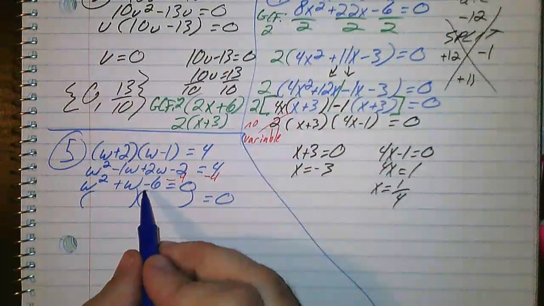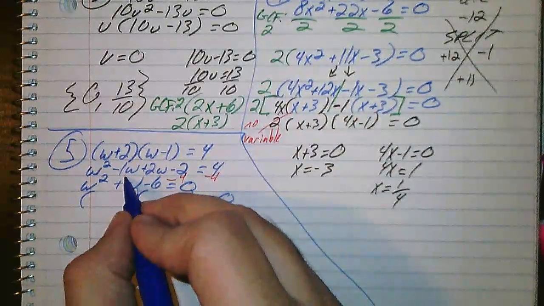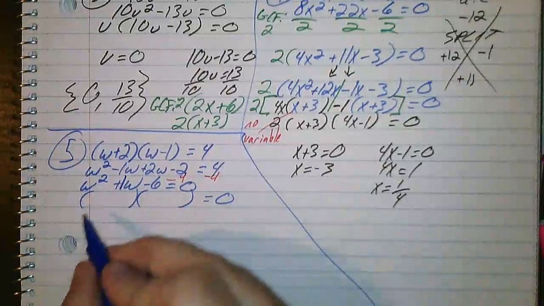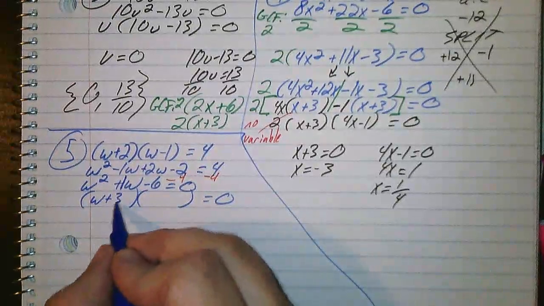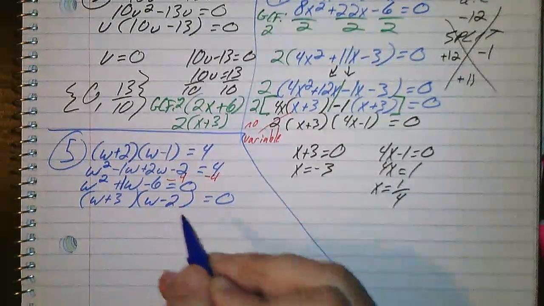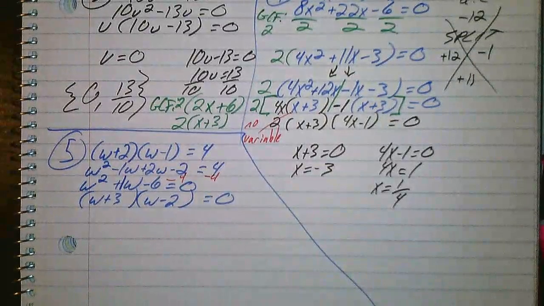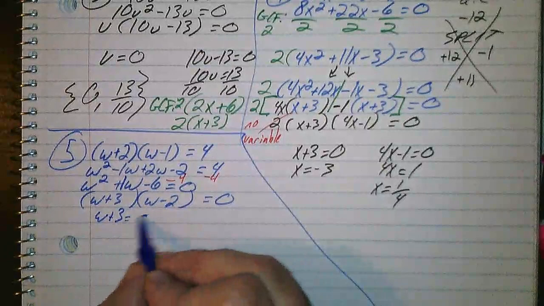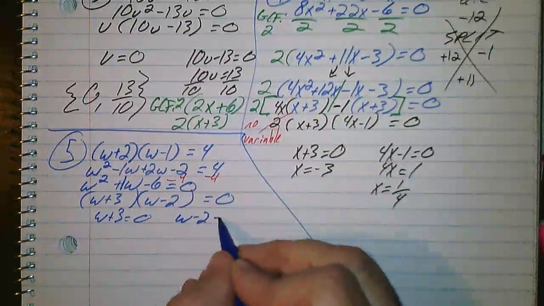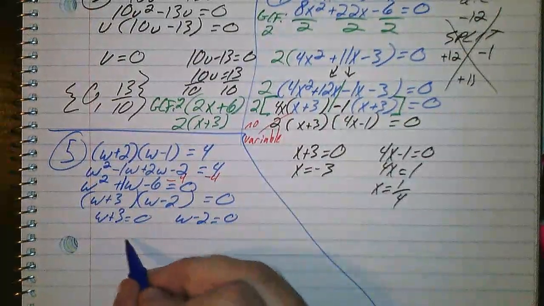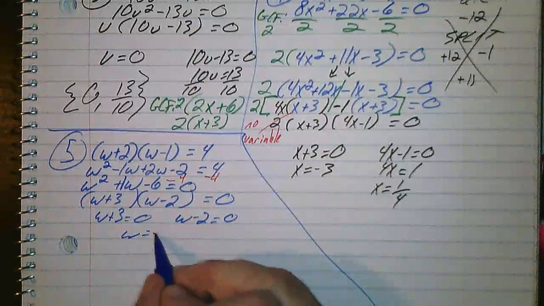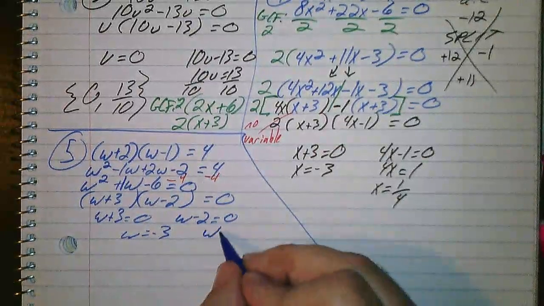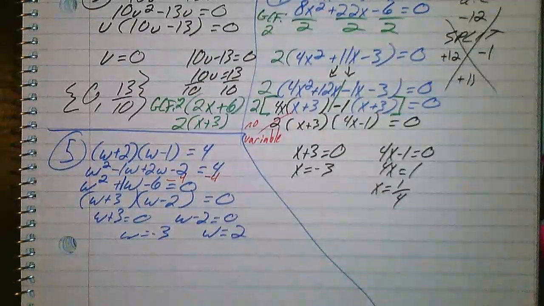Factors of negative 6 that combine into positive 1 would be W plus 3 times W minus 2. And now we just set both of these equal to 0. So these are our solutions. Negative 3 and positive 2.